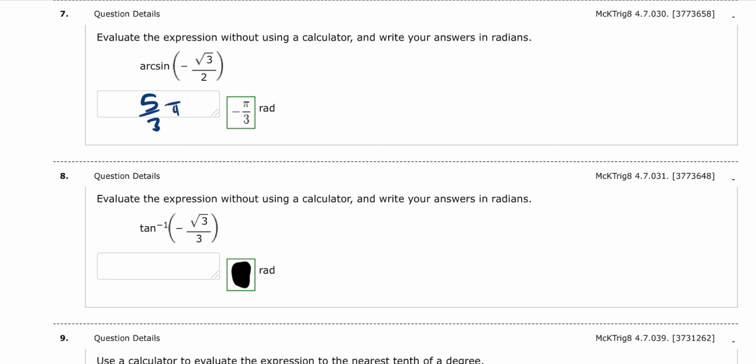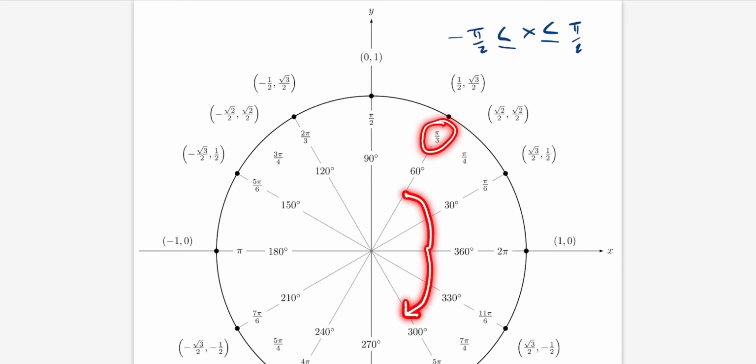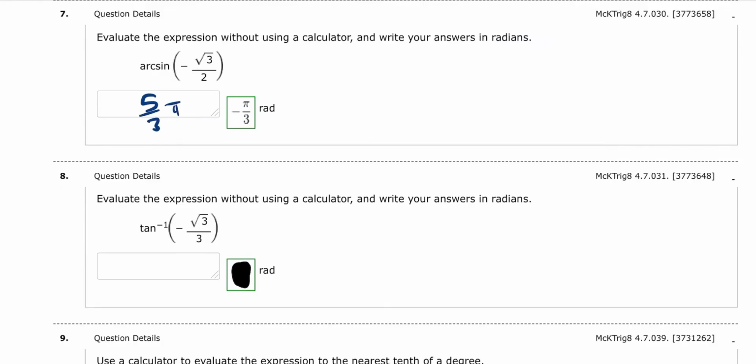The interval must be between negative pi over 2 and positive pi over 2. So we wouldn't call it 5/3 pi, we would call it negative pi over 3. This is positive pi over 3. We're going negative pi over 3. That was my fault.